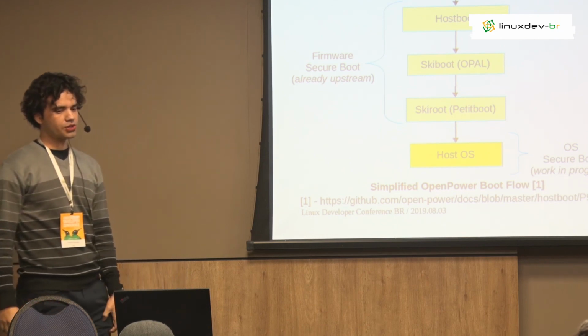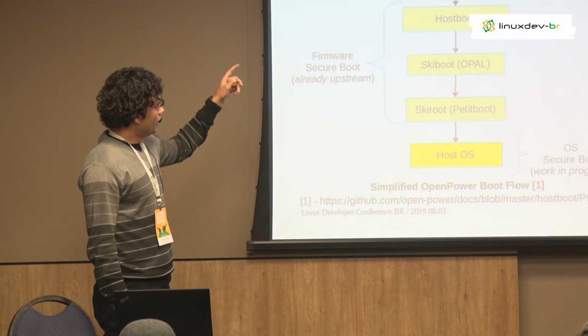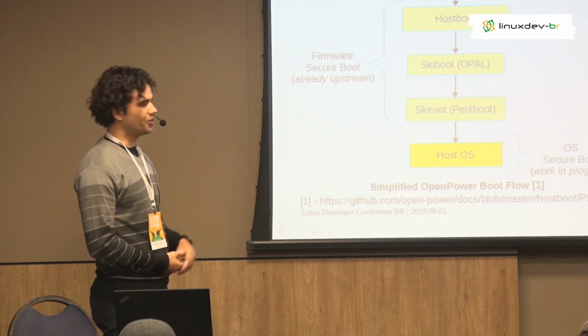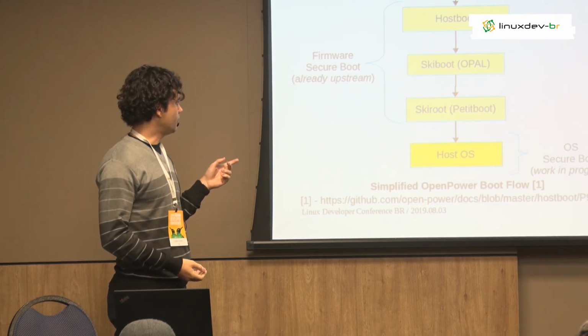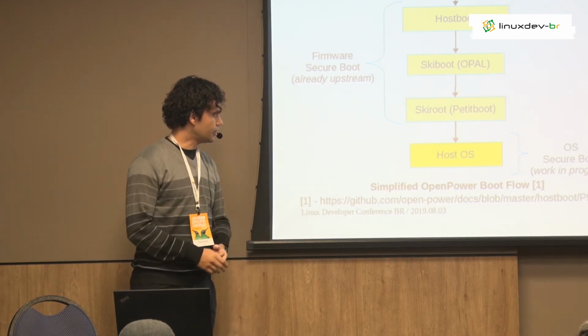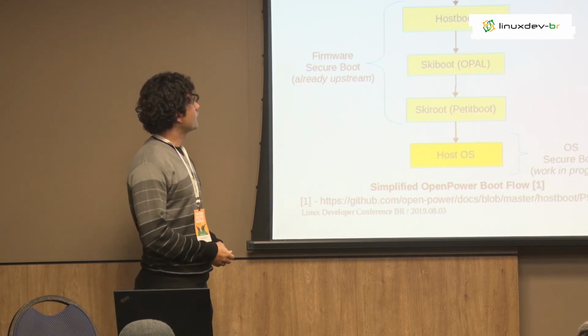Okay, OpenPOWER Secure Boot domains. Here I show a simplified OpenPOWER boot flow. We don't need to understand all this firmware stack here, but if you want to understand it better, you can go to this link here. It describes this boot flow in further detail.